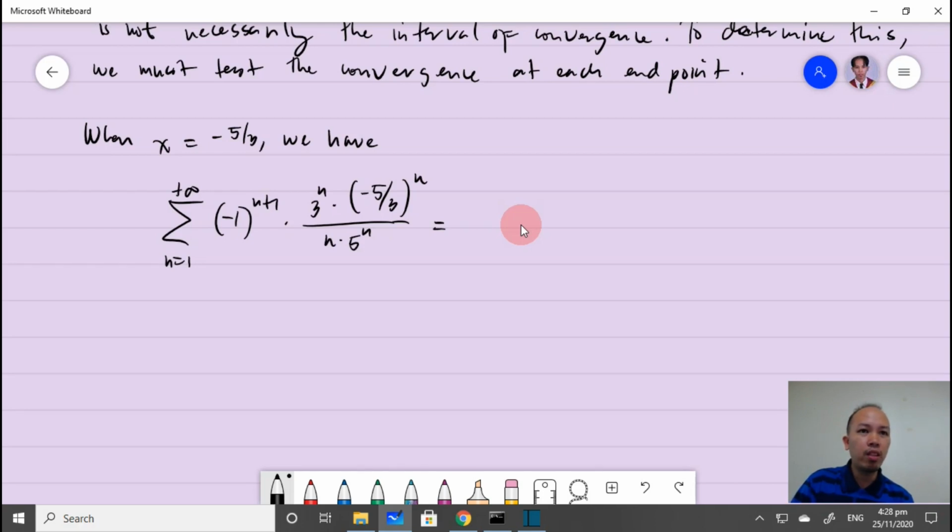Okay, simplify this fraction here. So we will have negative 1 to the n plus 1 times 3 to the n times, distribute.